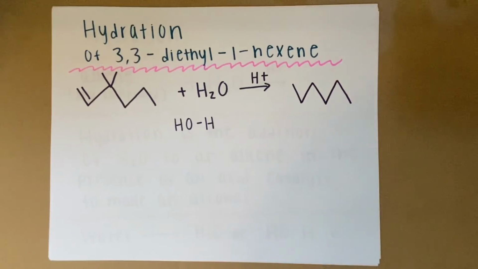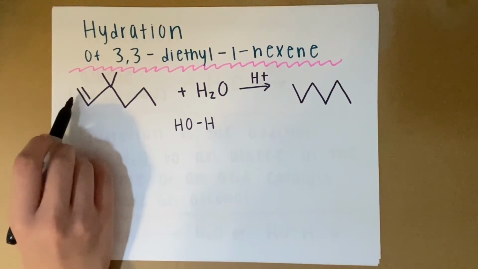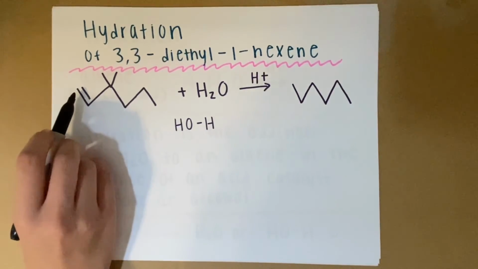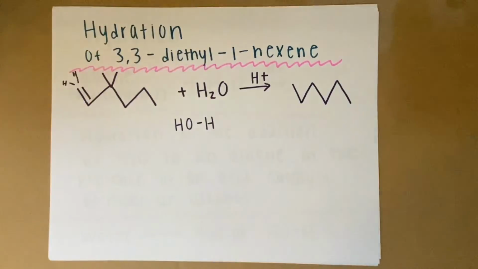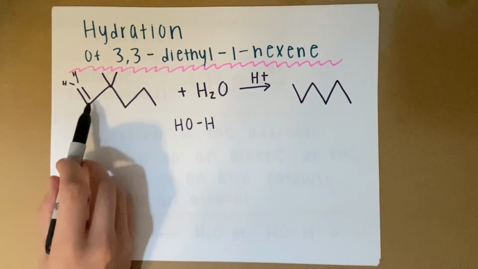So, we see here at the first carbon, we see that it has 2 carbon-carbon double bonds, and so to get to 4 bonds, that means it needs 2 more hydrogens. On the second carbon, it has 3 bonds going to it, so it's just going to need 1 hydrogen.